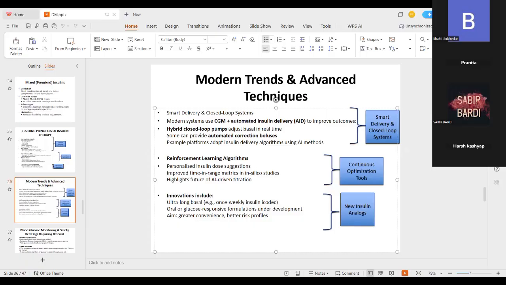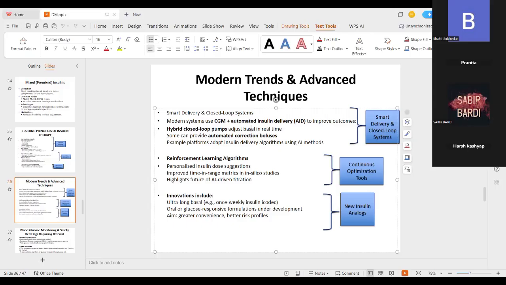Now, moving on to the next part, that is blood glucose monitoring and safety red flags requiring referral.